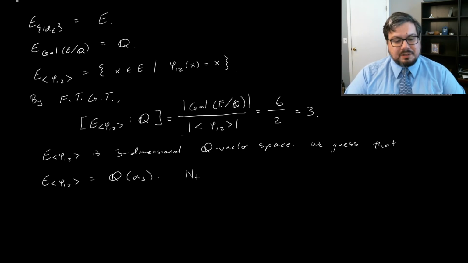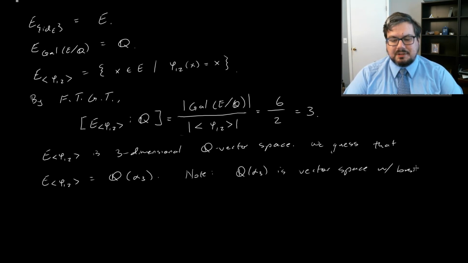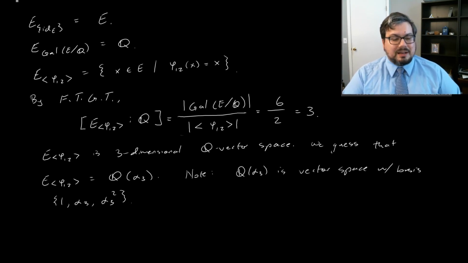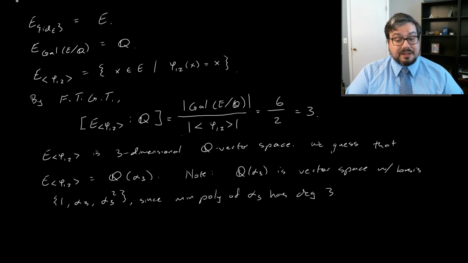So note that Q(alpha 3) is a vector space with basis 1, alpha 3, and alpha 3 squared. And this is because the minimal polynomial of alpha 3 has degree 3.